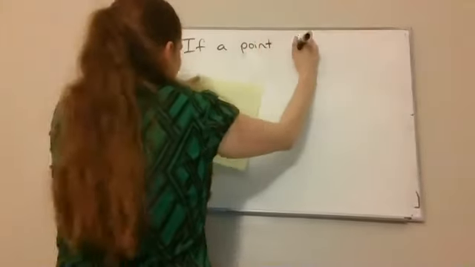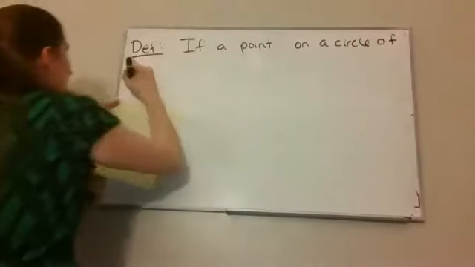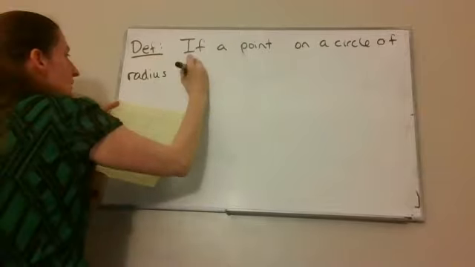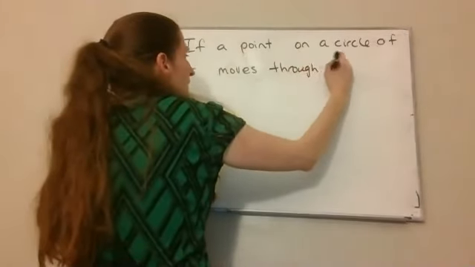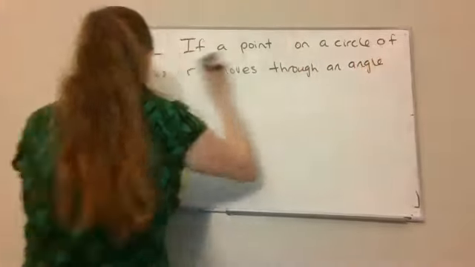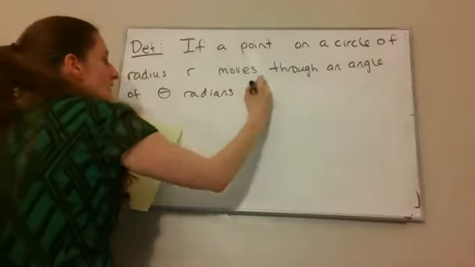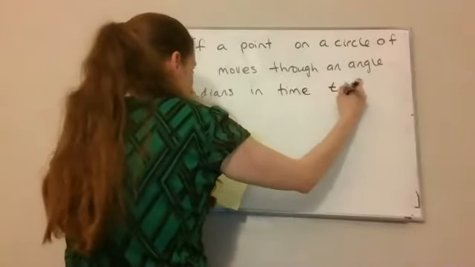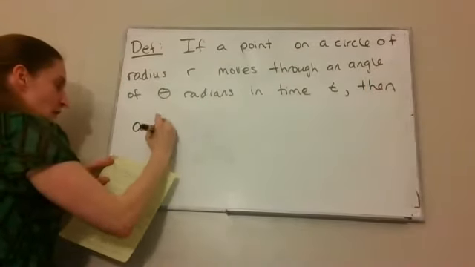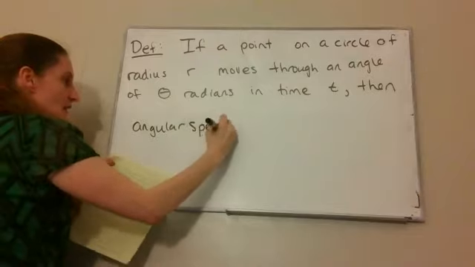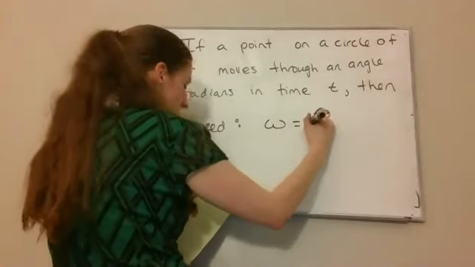A definition: if a point on a circle of radius r moves through an angle of theta radians in time t, then the angular speed of the point is given by omega equals theta over t.